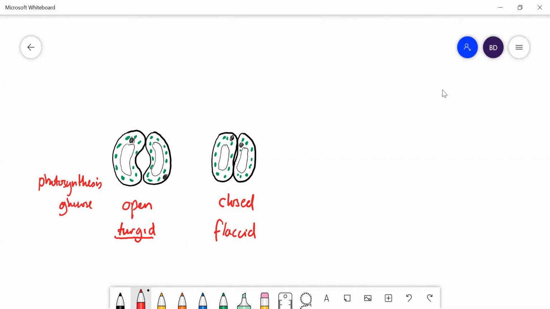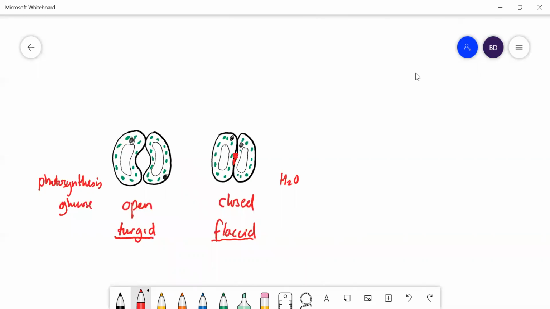Now, in the nighttime, or when the plant isn't photosynthesizing, it doesn't want the stoma open because it would just lose water, and that would be no benefit. So what happens then is photosynthesis will stop, so there'll be no glucose, so water won't enter the cell due to osmosis. Okay, so they will become flaccid, and that causes the shape of the cells to shrink, and that has the effect of closing off the stoma, so there's less water loss.